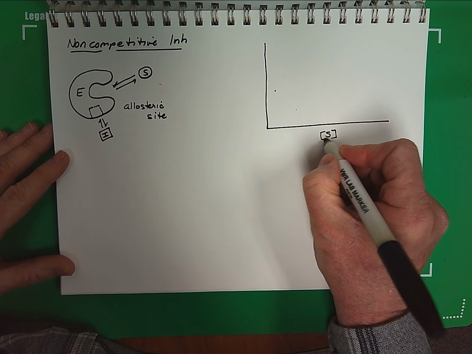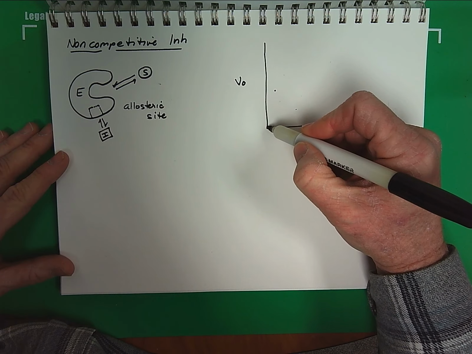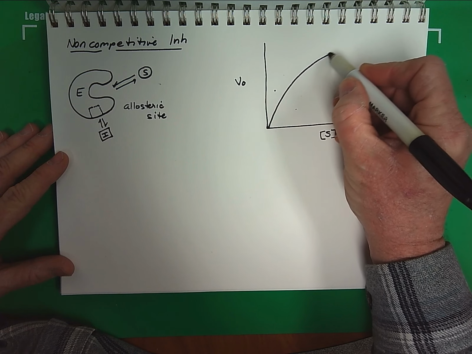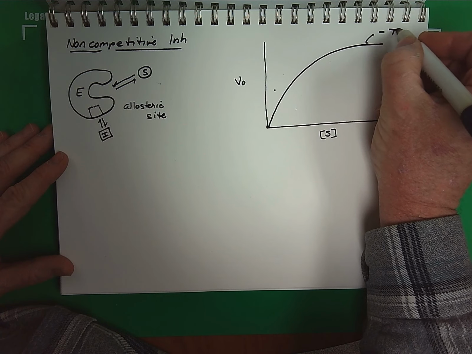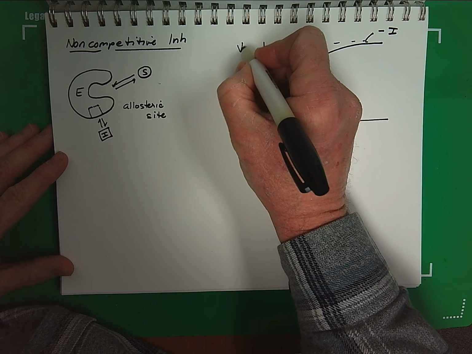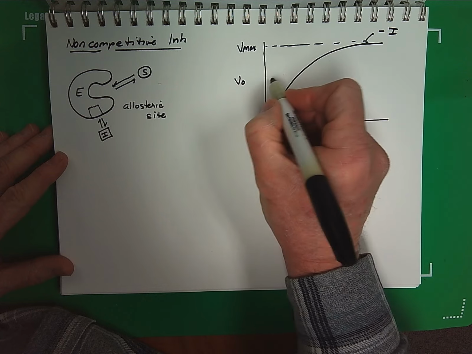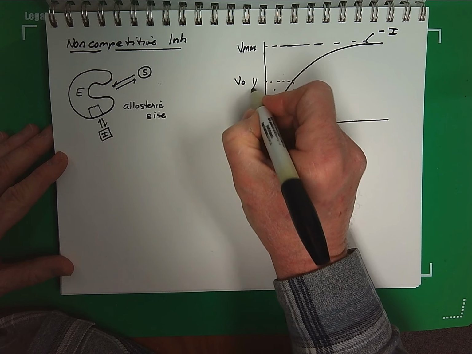So if we look at our velocity versus substrate concentration graph, without inhibitor, we will see this. Minus inhibitor. Again, here is our Vmax. Here is our 1/2 Vmax.